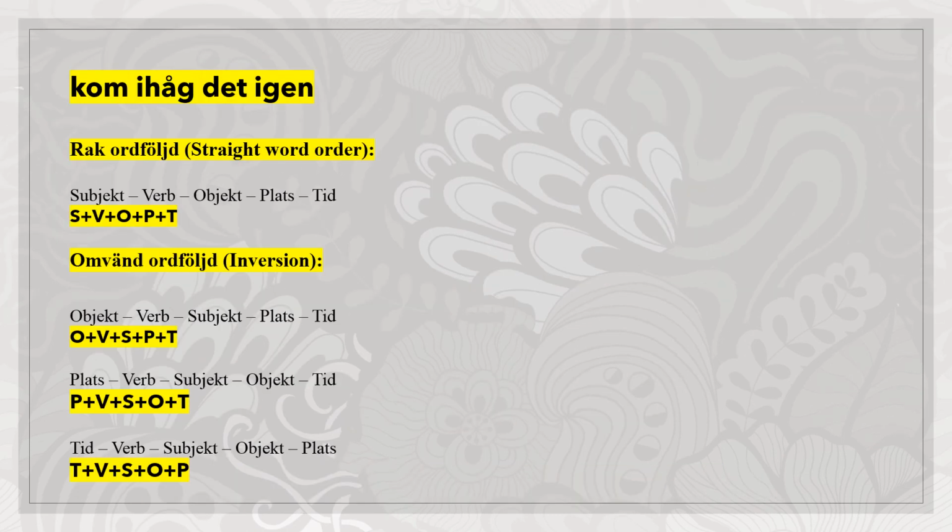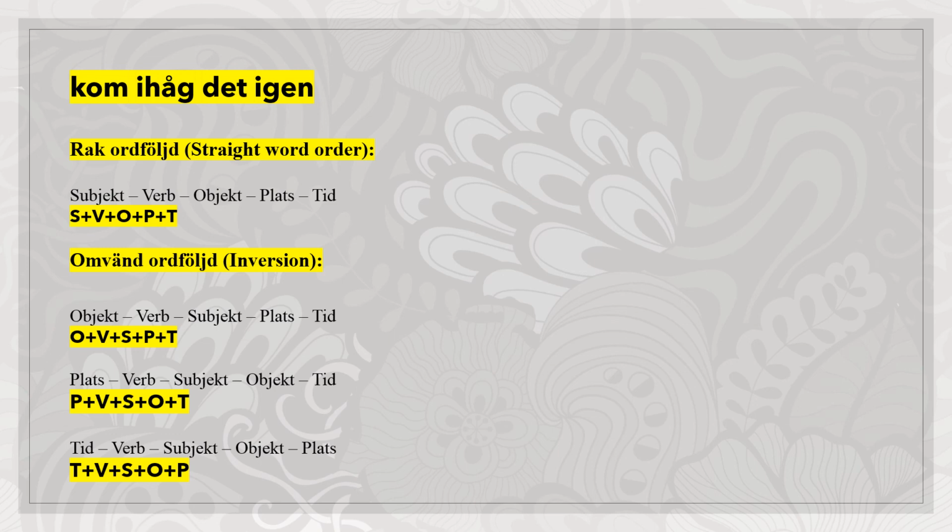Kom ihåg det. Let's remember it once again. Rak ordföljd, straight word order, is subject, verb, object, plats and tid. Omvänd ordföljd, inversion, reverse sentence order is object, verb, subject, plats, tid, and when it is started with the place, plats, verb, subject, object, tid.